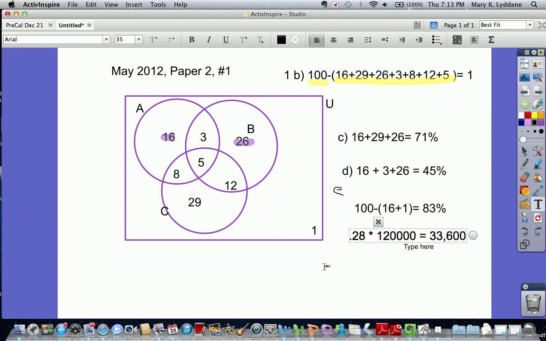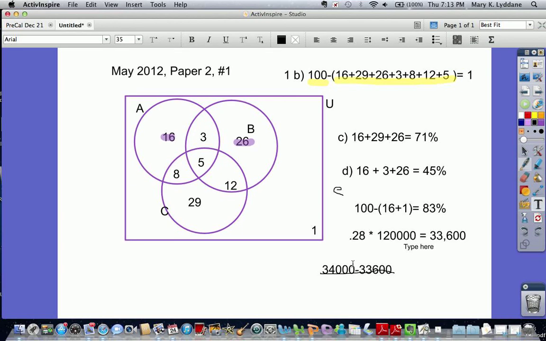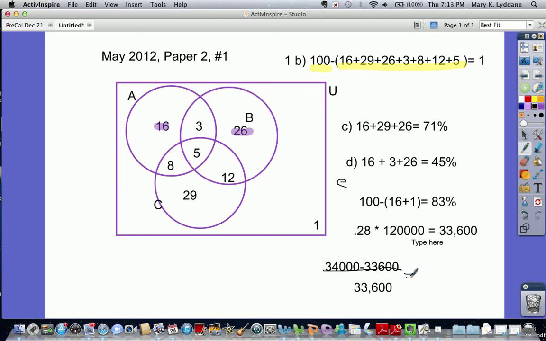So to find the percentage error, we're going to take 34,000 and subtract that actual number of 33,600 and then divide by 33,600. And that is equal to 1.19% error.